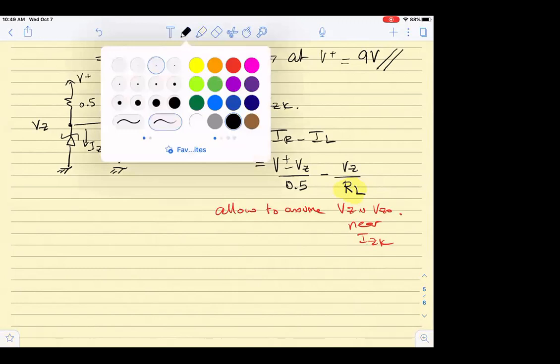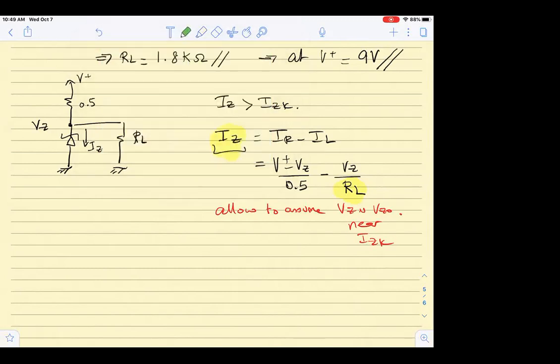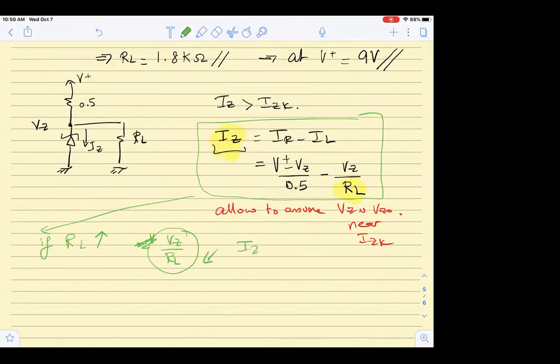Looking at this equation, if RL increases, what happens to VZ over RL? It decreases. But it is negative, so what happens to IZ in this equation?